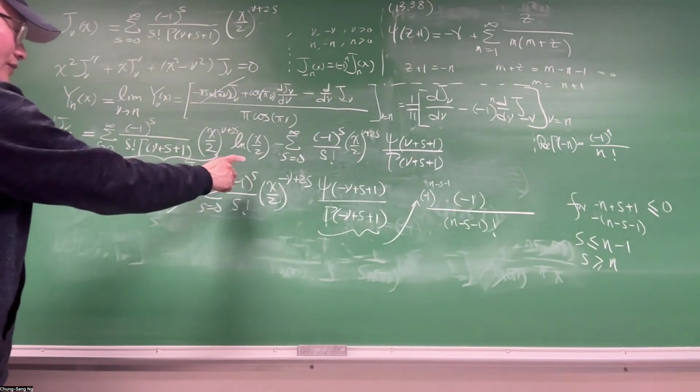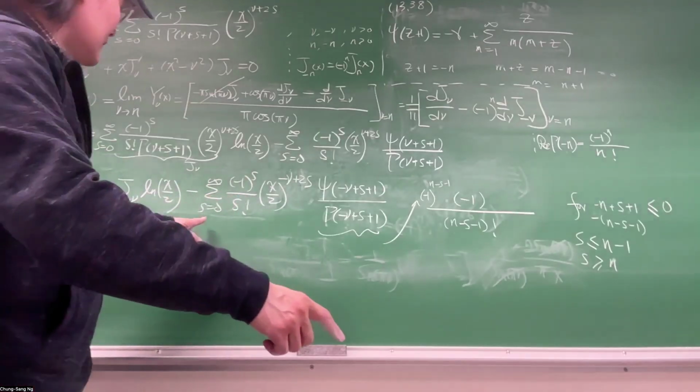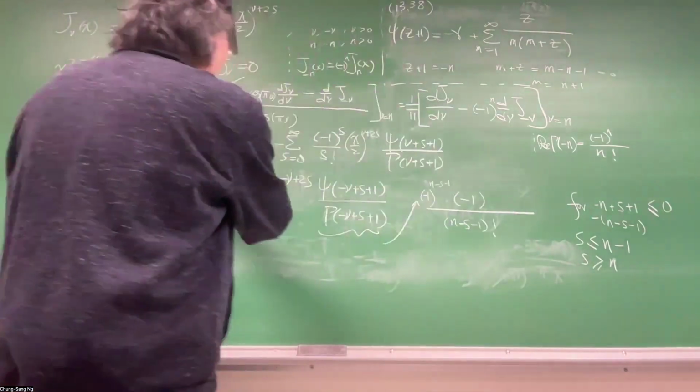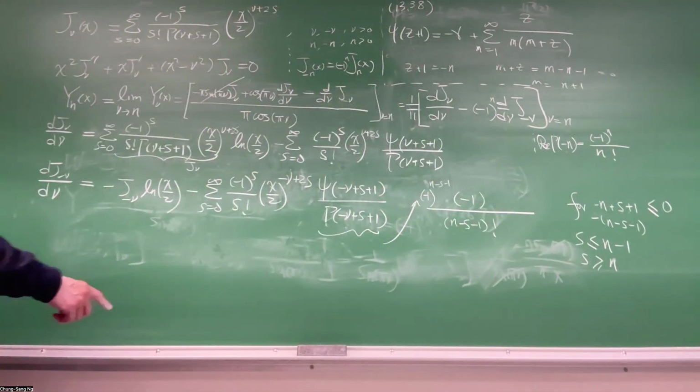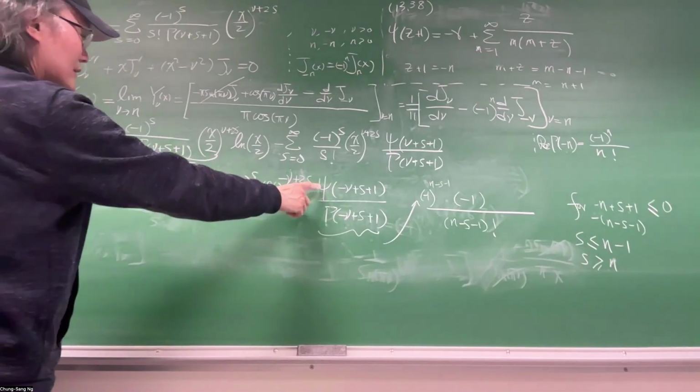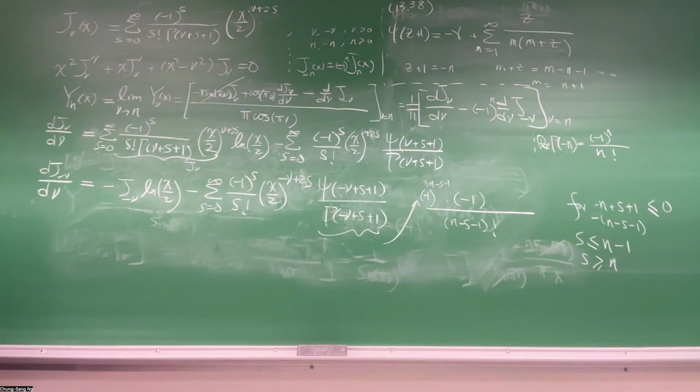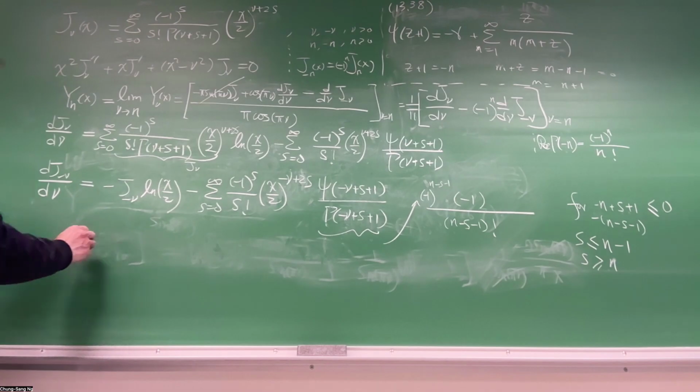And then finally, you have the summation with s starting from n to infinity, and everything else in that series is regular.